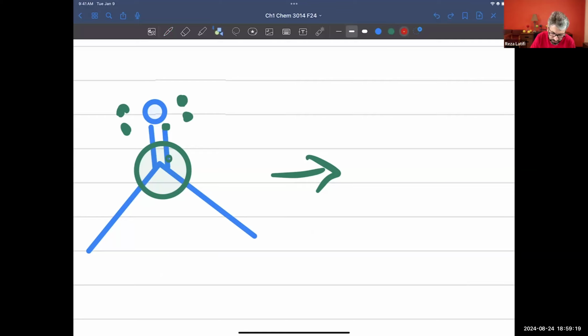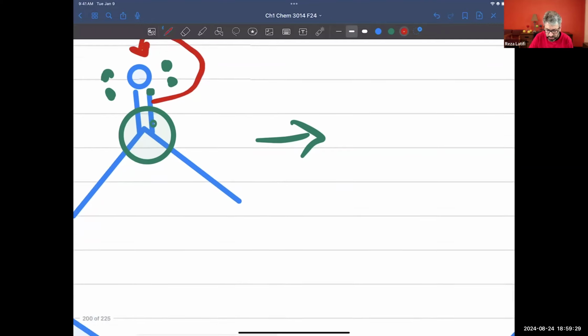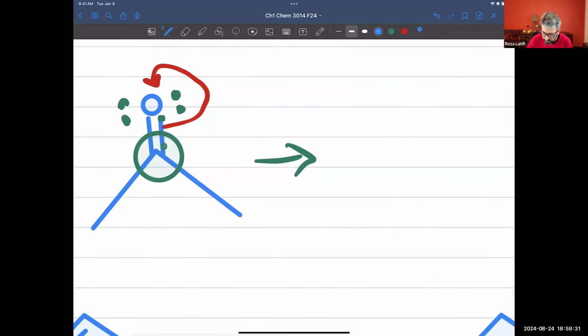We're going to steal those 2 electrons and give them to oxygen, and I will get this structure. Now oxygen is going to get 3 lone pairs.